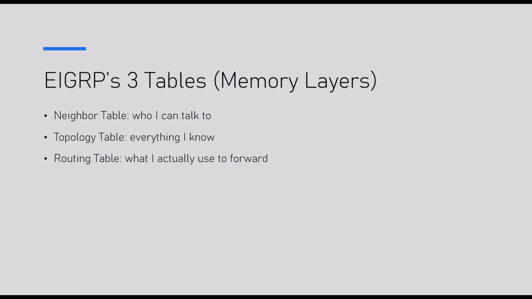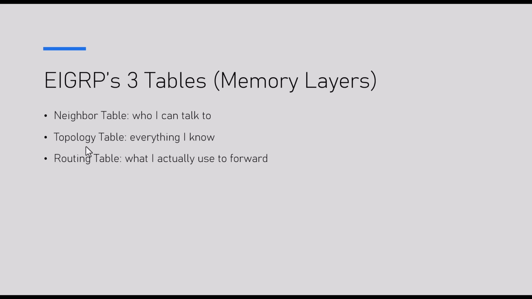Okay, there are three different tables in EIGRP. This is important to understand. We have a neighbor table, which means that we are going to install information about our neighbors in that table. We have a topology table, which means that everything that I know is going to go inside that. Now, the topology table name is a little bit, let's say, misunderstood. This is not about the topology of the network.